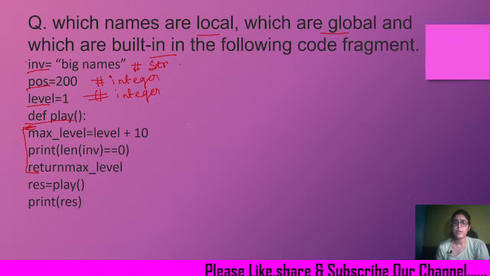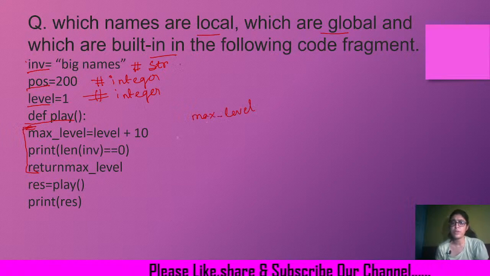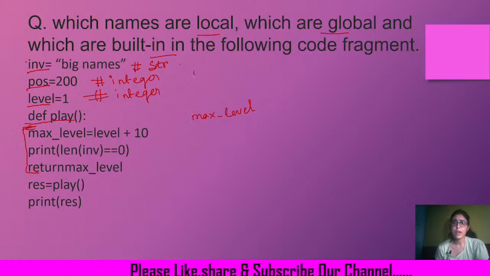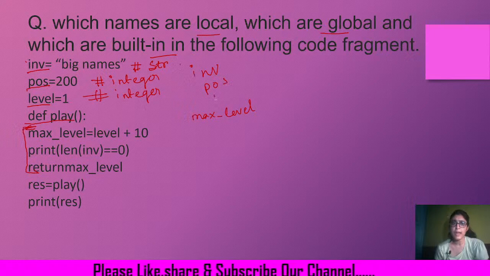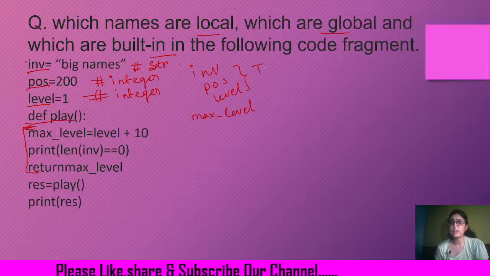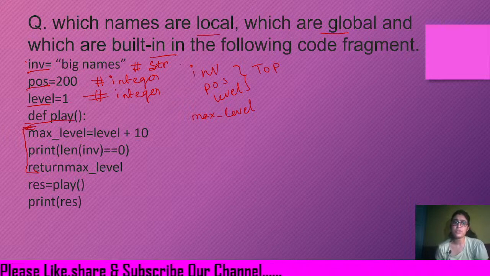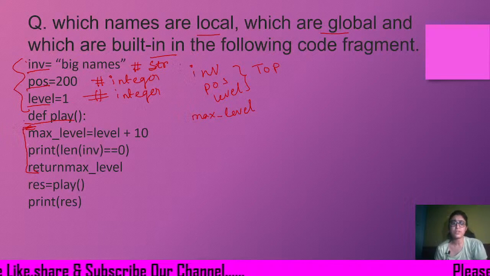Now max_level. What variables have we got? inv, pos and level. These are defined at the top portion of the program, before the definition of the function. Inside the function, max_level has been defined.